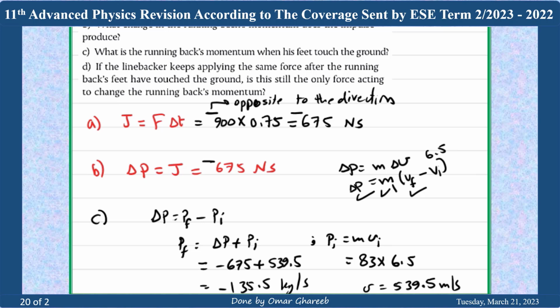If the linebacker keeps applying the same force after the runner's feet have touched the ground, is this still the only force acting to change the running back's momentum? Is it or not?